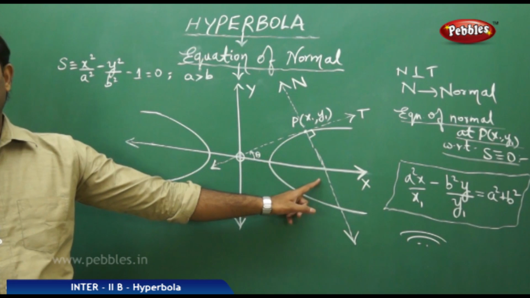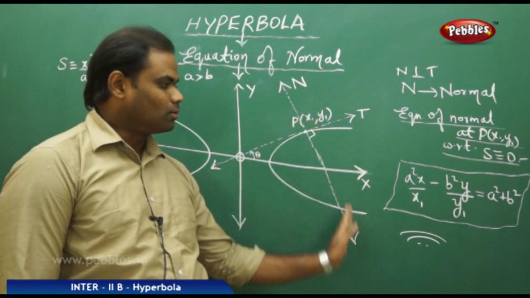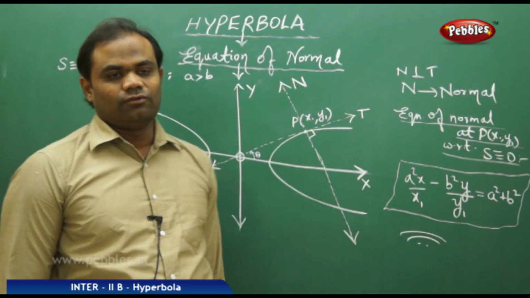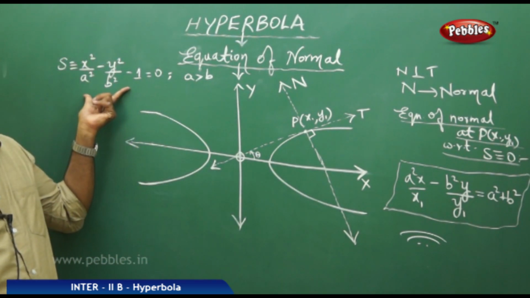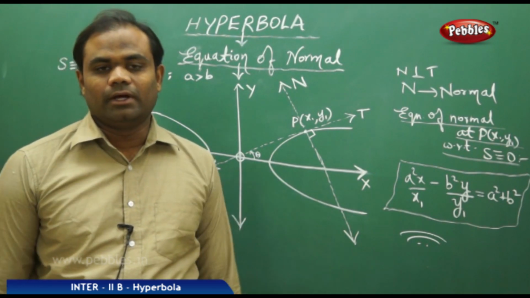This is how we get the normal with its equation for the standard equation of hyperbola.